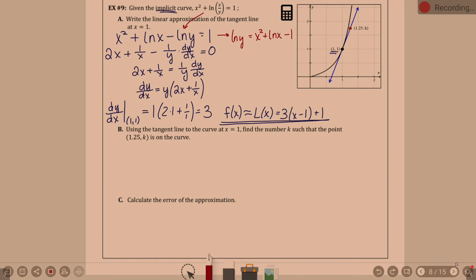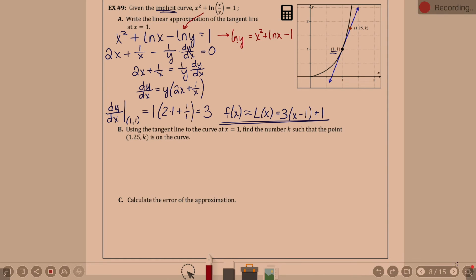Do you remember how to make this y equals? Because we can go straight to y equals now. Does it have something to do with e? Raise the other side to e? Okay, there's a couple different ways we can talk about this.